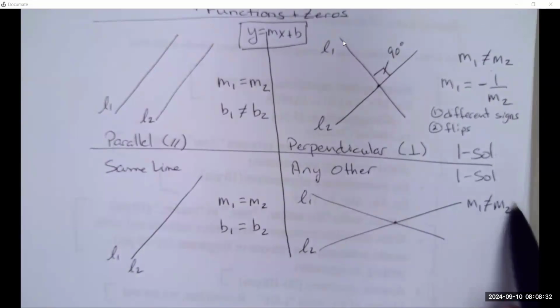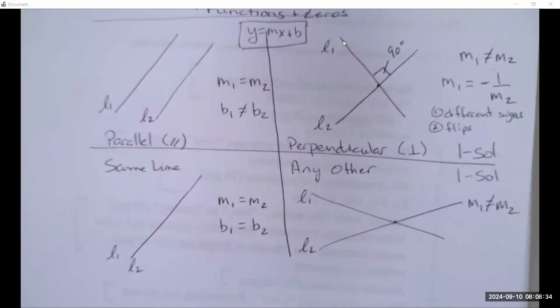And any other, if they have different slopes that don't match these other conditions, then they're just going to intersect somewhere.